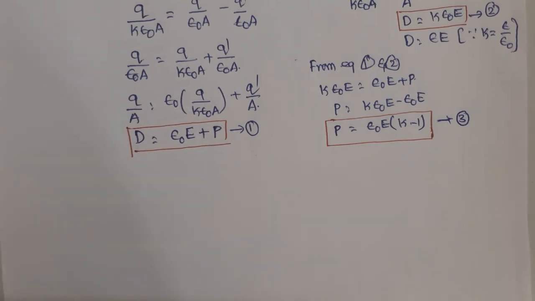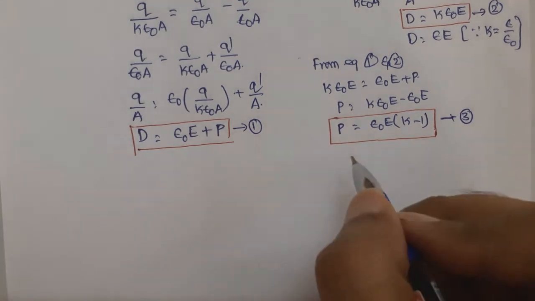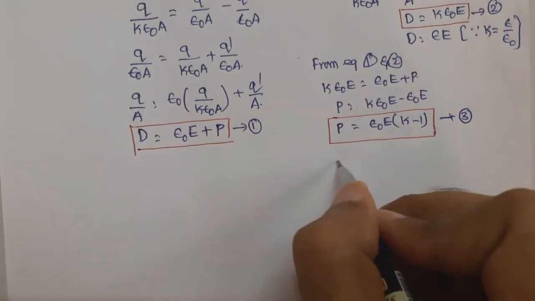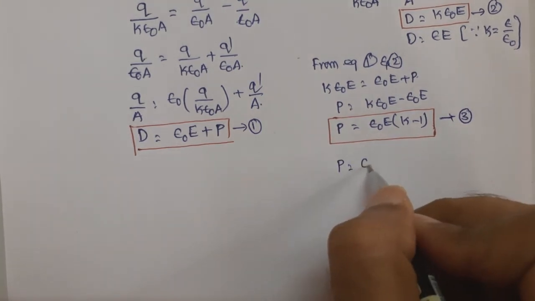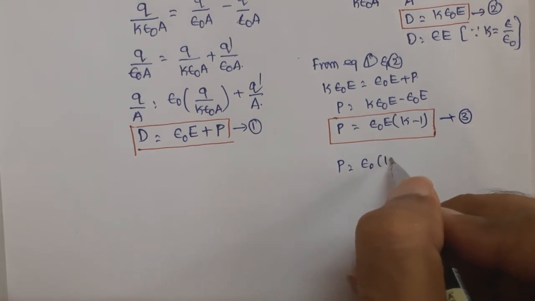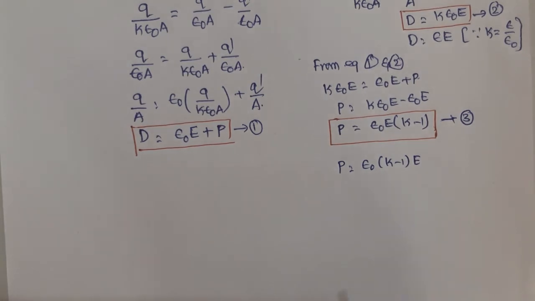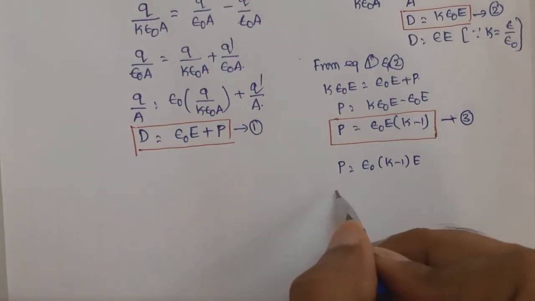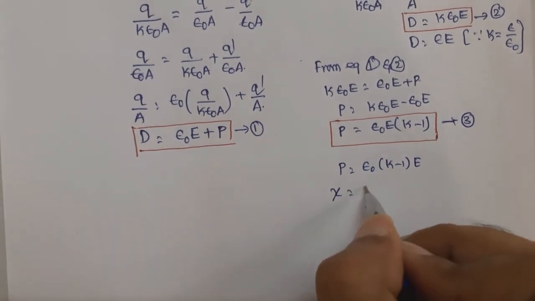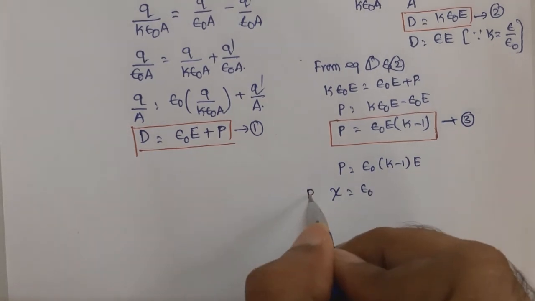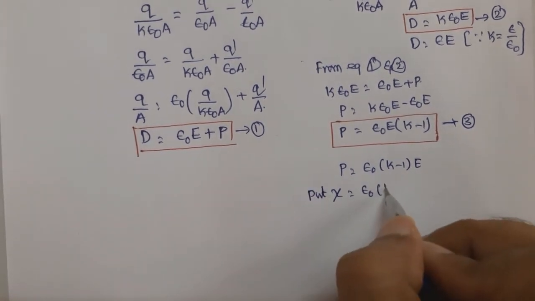The another relation is from this, P is equal to epsilon naught K minus 1 into E. Let xi be equal to epsilon naught into K minus 1.